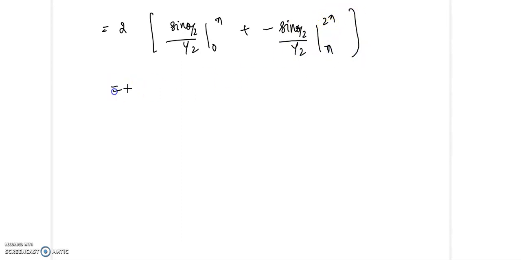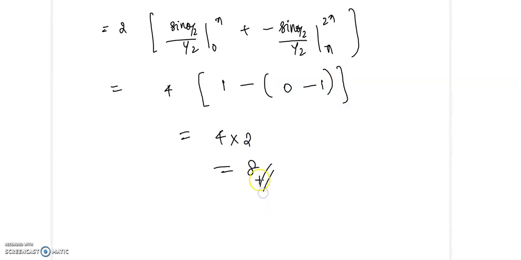So that will be equal to, taking 1 by 2 out, 4 sin pi by 2, that is 1, then minus sin pi is 0, 0 minus 1, so that will be equal to 4 into 2, which is equal to 8. So therefore the required arc length will be equal to 8.